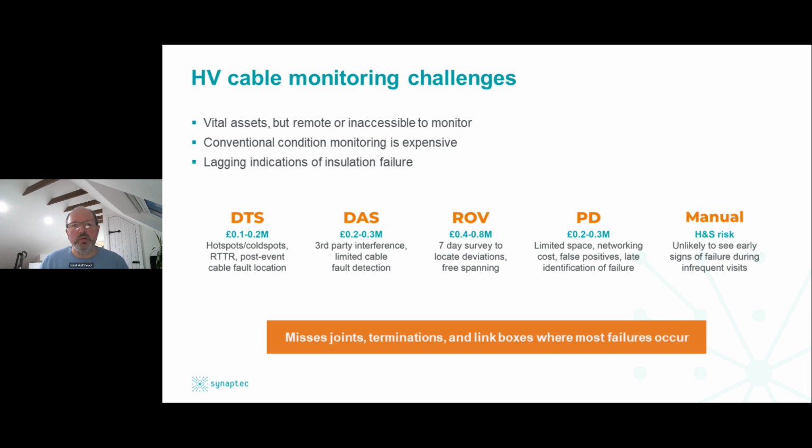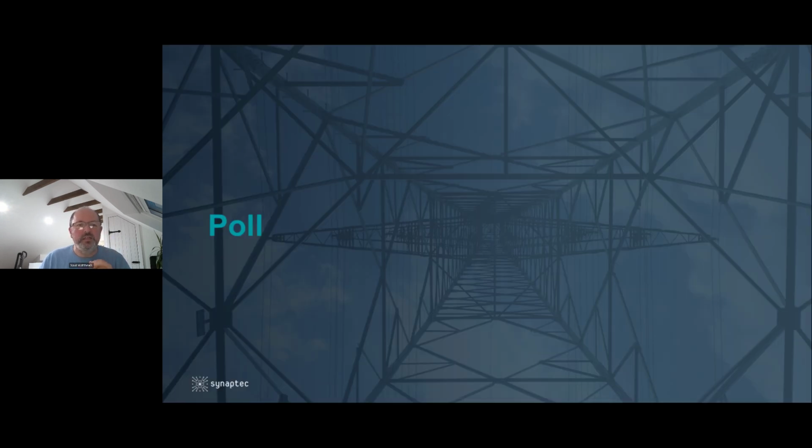But before we go too much further, we wanted to stop ourselves at this point, having established that power cables are at risk and perhaps some of these monitoring techniques aren't providing a kind of analysis of the causal problems that result in these kinds of failures. We wanted to check in with everyone and run a quick poll here. As I mentioned, Tobias is going to pop up a poll for you.